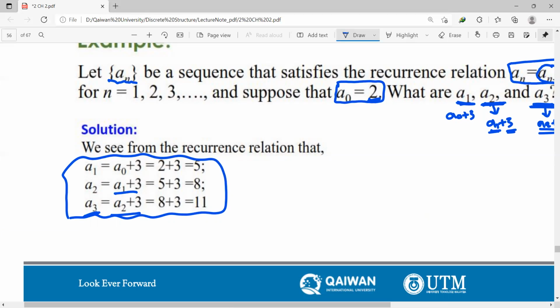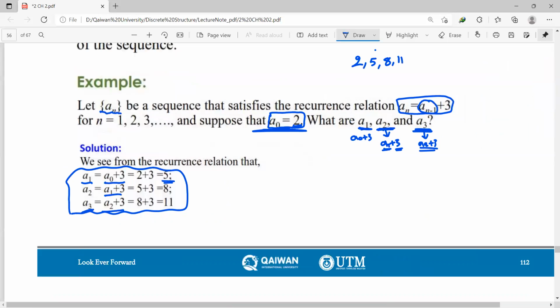For A1, we must have A0. A0 is given, which is 2, so 2 plus 3 equals 5, and so on for others. Here, the recurrence relation is a_n equals a_(n minus 1) plus 3. That means the difference of each two successive terms is 3.